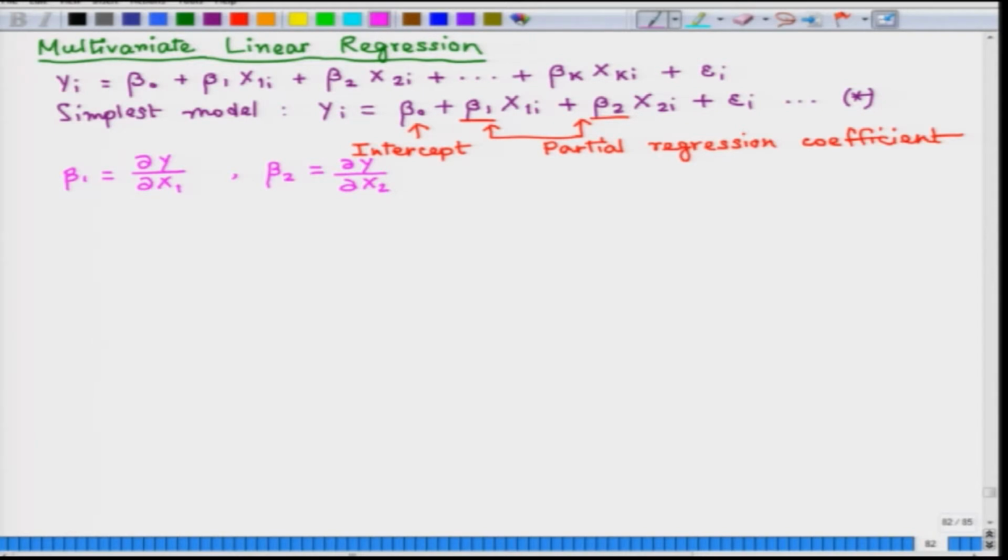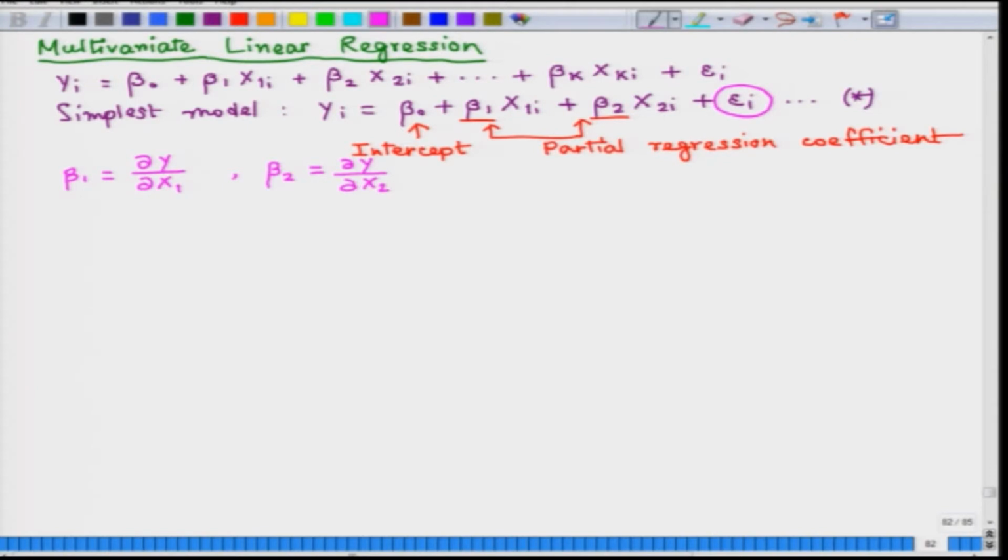But note that here we are not holding any other omitted variable which are part of this term epsilon i constant, right. So, omitted variables can vary, but those variables which are in the regression equation, you have to keep them constant while you are changing one explanatory variable at a time.